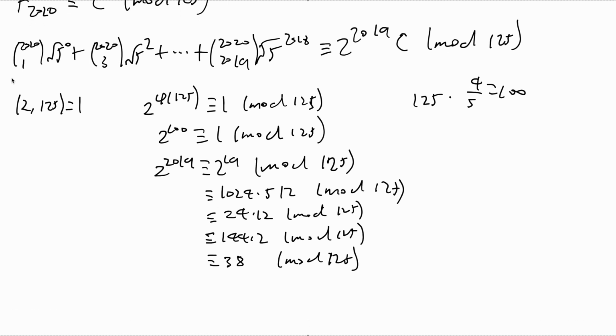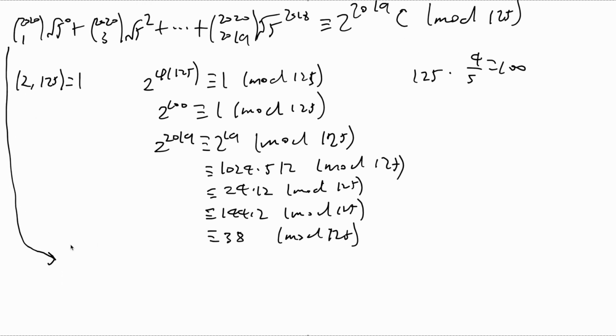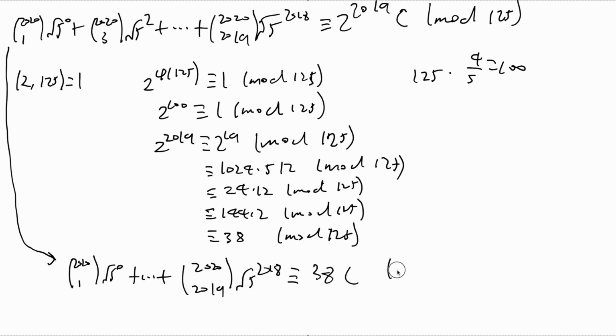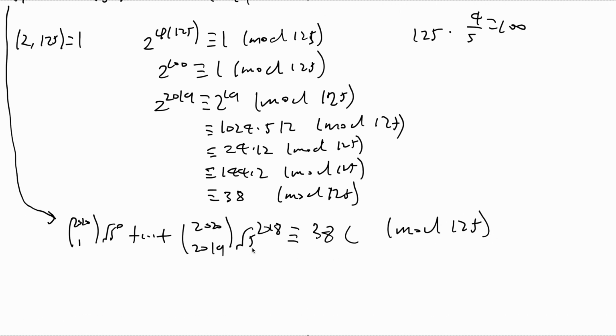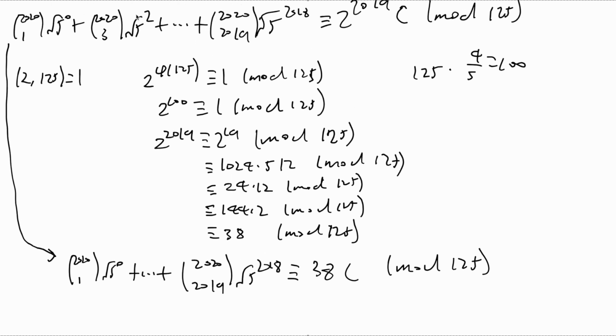So coming back to this one right here, this thing is congruent to 38c mod 125. Now we know that we can eliminate a few terms here because we have 2, 4.